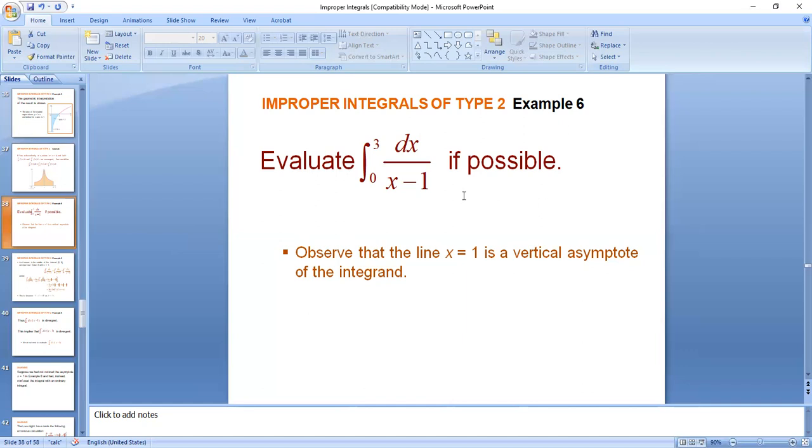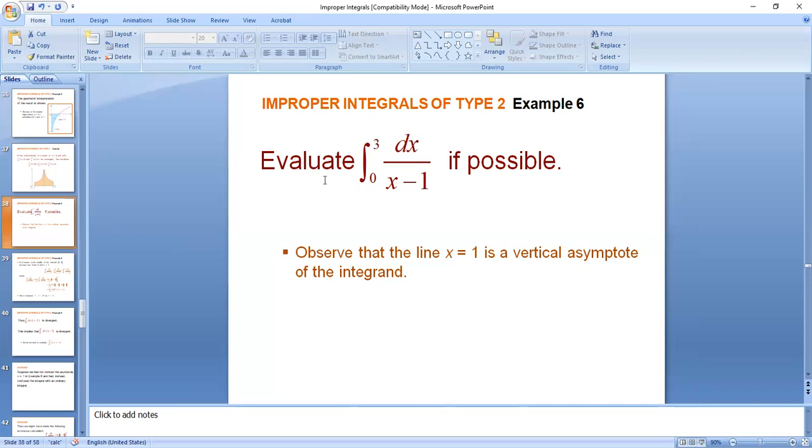This is an improper integral because in the interval of your integration, there is a value wherein your curve will have an infinite discontinuity. So not in the lower limit, not in the upper limit, but somewhere in the interval, it will have an infinite discontinuity.